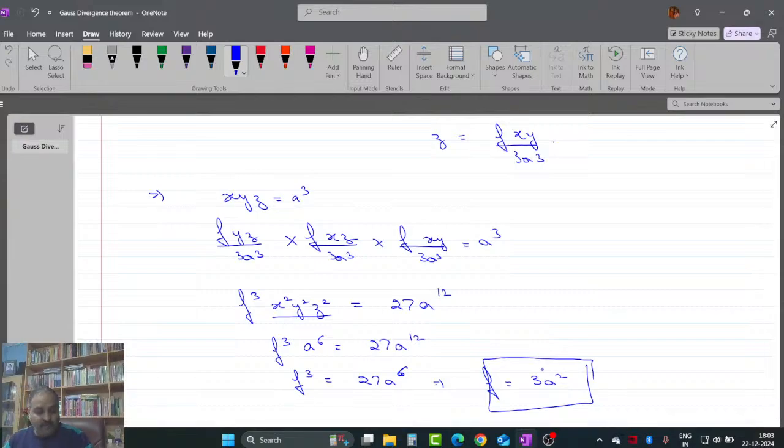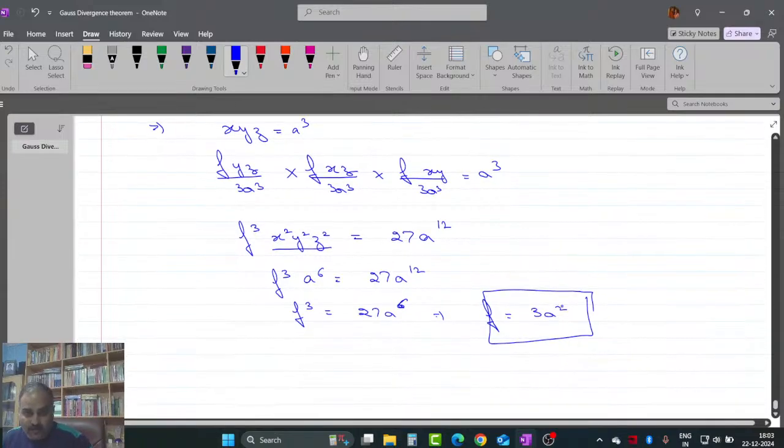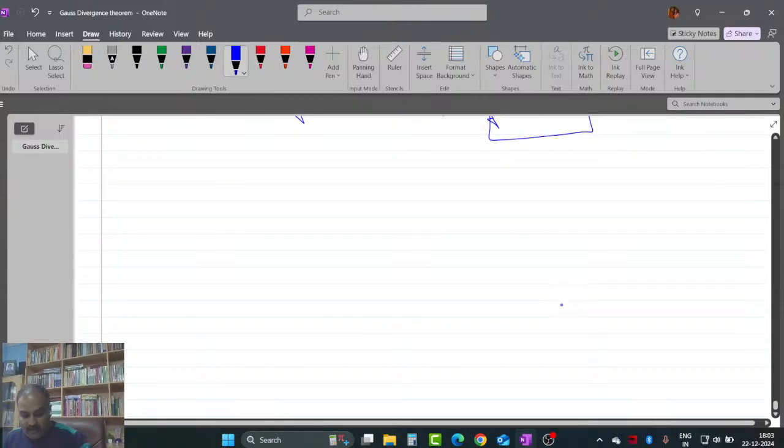Now to find the extreme values, because it is a second order question, I need to find the extreme values.